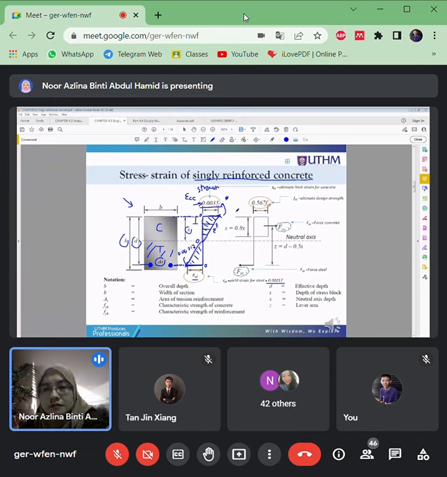Okay, then this is for the force here ataupun stress. We have stress strain, so this is stress, where stress is equal to P divided by A, which is the force here. This stress block diagram, you also need to do exercises on how to draw it, which is again based on this neutral axis.